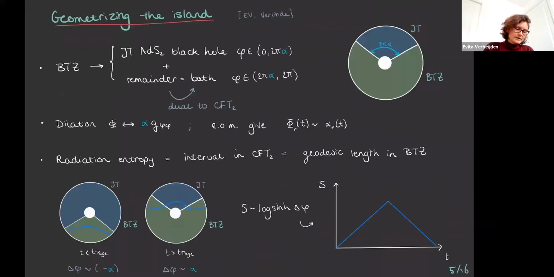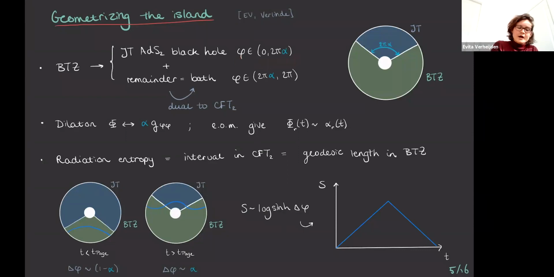Okay, so in AdS, this is a rough sketch of what we did. I don't want to go into most of the details because they will appear again in the model that I will discuss for de Sitter. So what we did here is we started from a BTZ geometry in 3 dimensions, AdS. And then we did a dimensional reduction down to 2 dimensions, but we did this only for part of the angular direction.